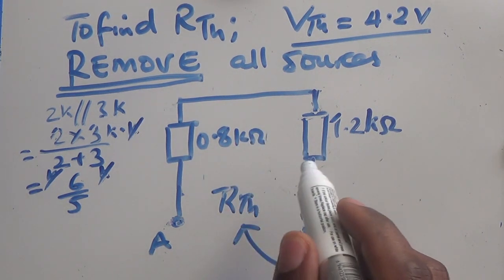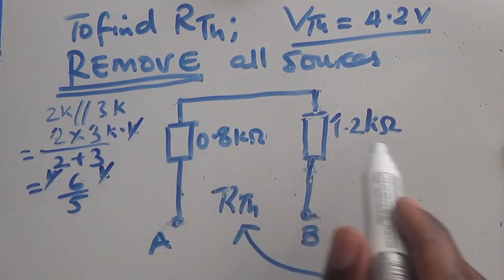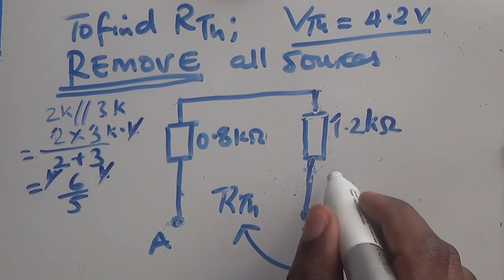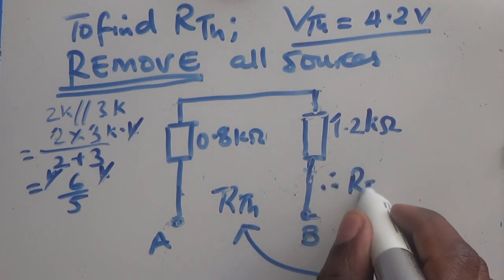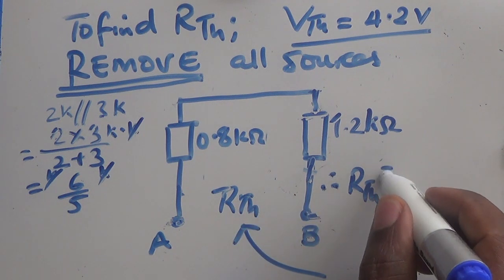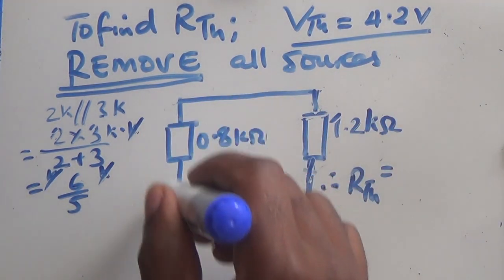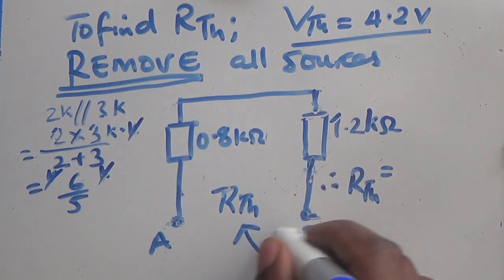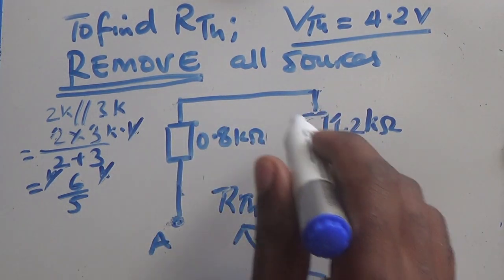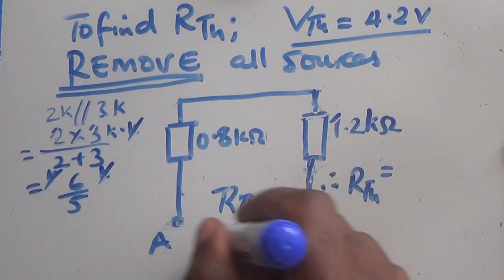And now this 1.2 and 0.8 are in series, therefore RTH, this one here, would be the same, because now we want the total resistance in this circuit here.